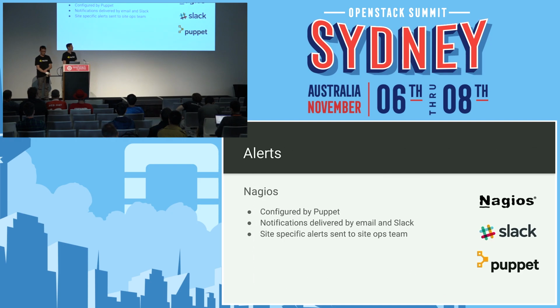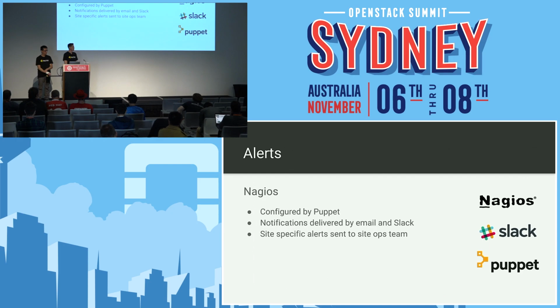The thing that I find really painful about Nagios is the configuration, and we're able to work around that by using Puppet. Puppet provides us with good Nagios integration, so we're able to attach Nagios tests to services based on the Puppet classes that we assign to it.